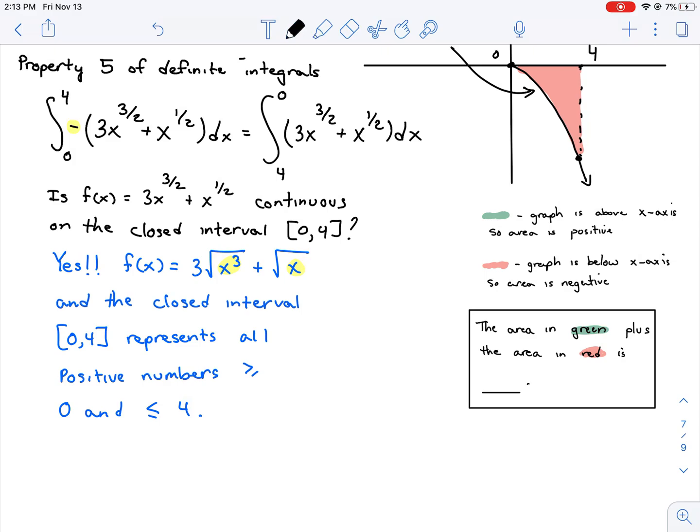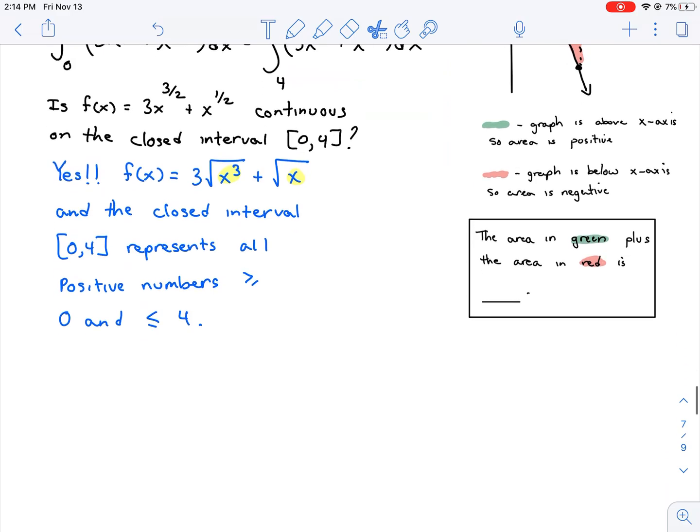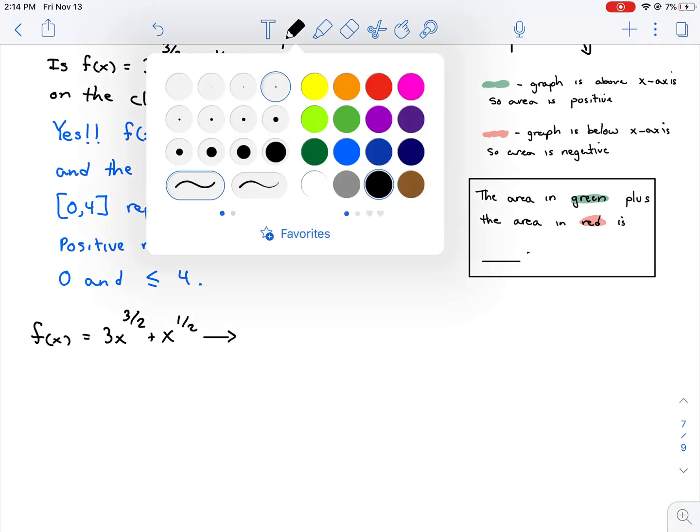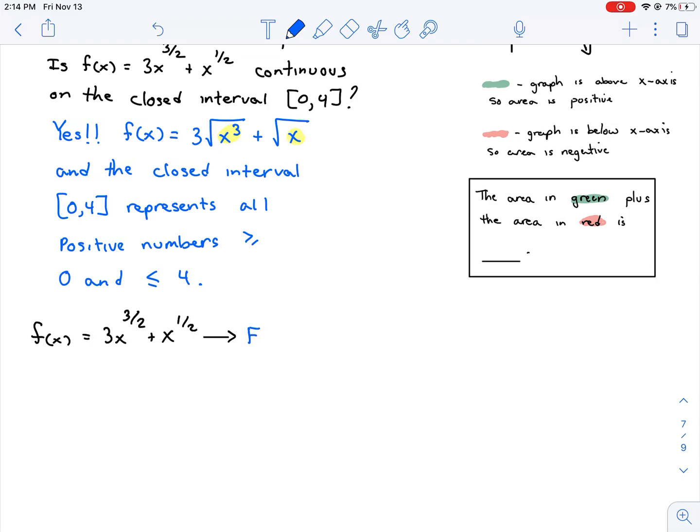And now that we know that, we can apply the Fundamental Theorem of Calculus to evaluate the definite integral. So we have lowercase f of x is equal to this, and that implies that an antiderivative is this function here.